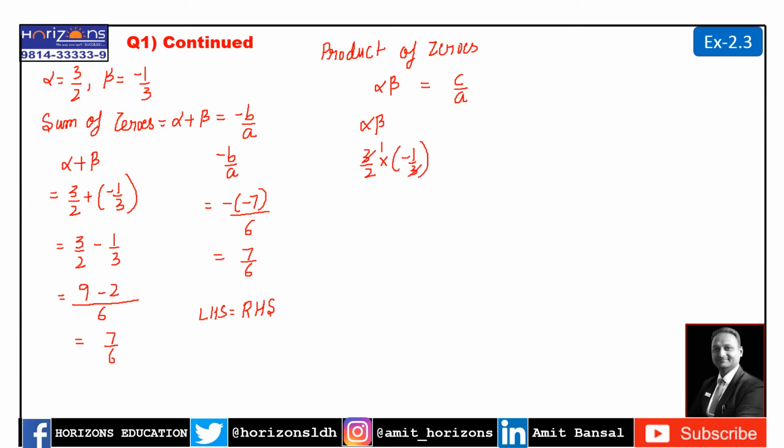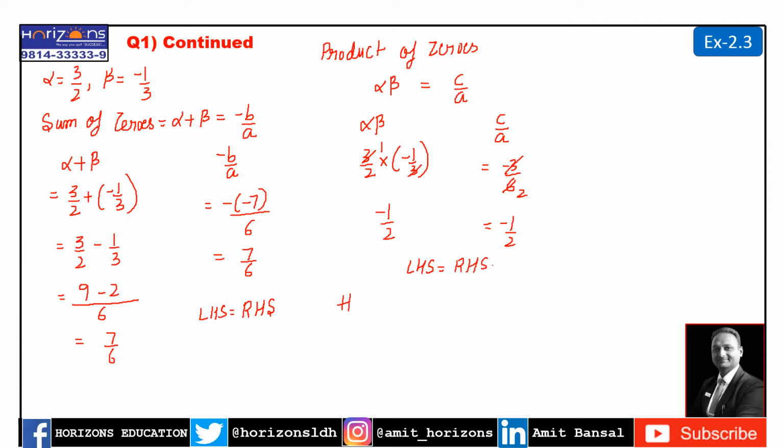So 3 and 3 get cancelled. So minus 1 by 2 is the answer. So c upon a, as we saw, c is minus 3 and a is 6. So doing the cutting, we again get minus 1 upon 2. So LHS is equal to RHS, right friends?